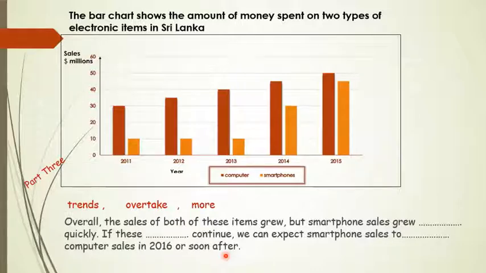Now try to find the words that come for these blanks, right? Overall, the sales of both of these items grew, but smartphone sales grew, yes, more quickly, right?